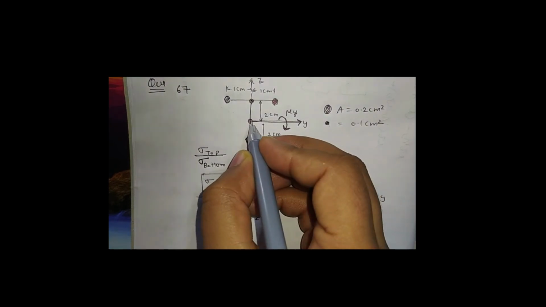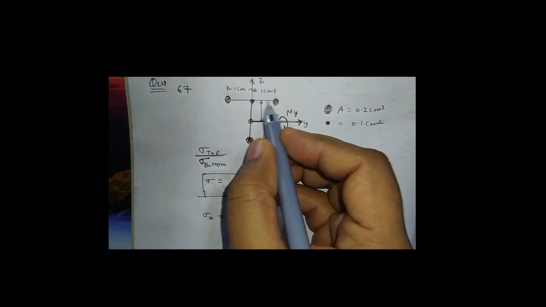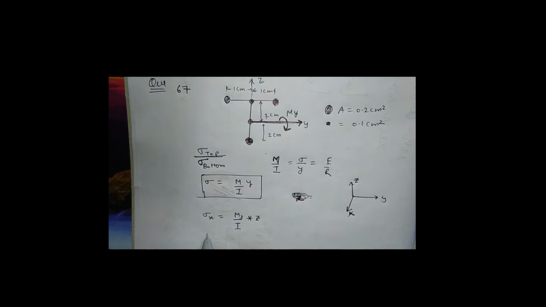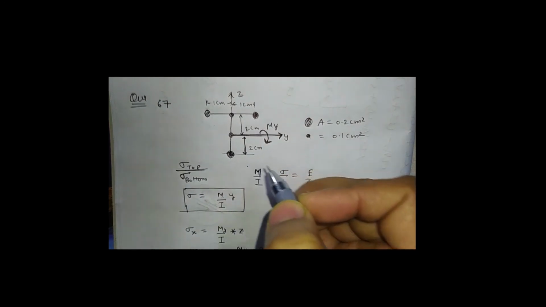The distance from the y-axis to the top booms is 2 cm. Sigma x for the top equals My by I into 2. Similarly, the normal stress because of bending in the bottom booms will be equal to My by I into 2, as the distance from the y-axis to the bottom boom is 2.